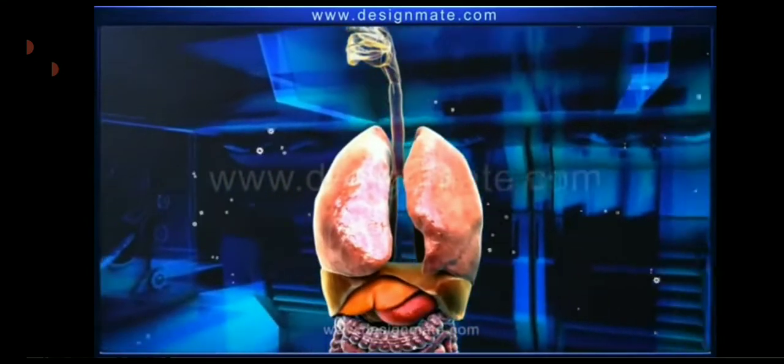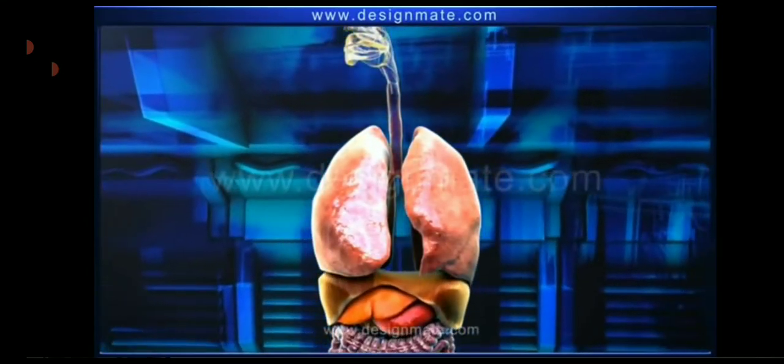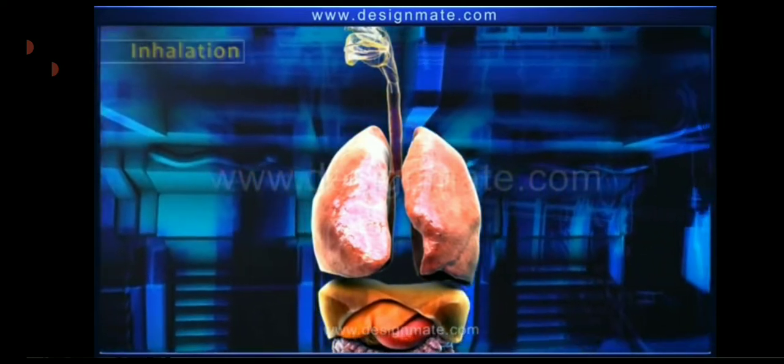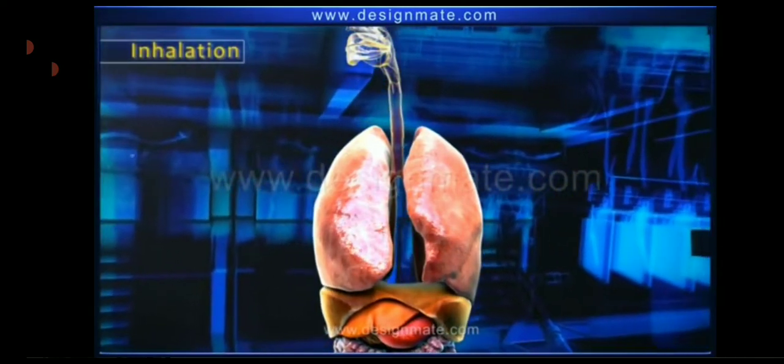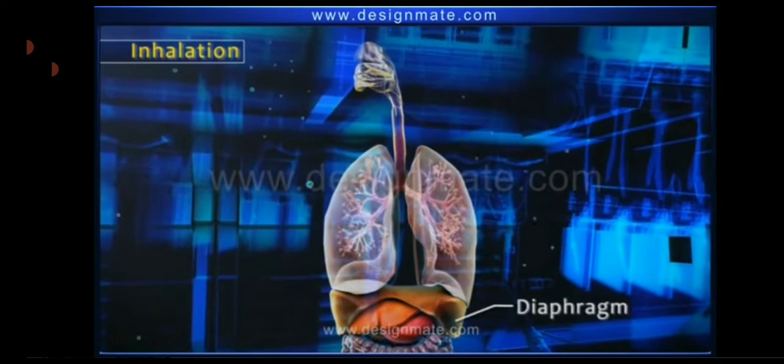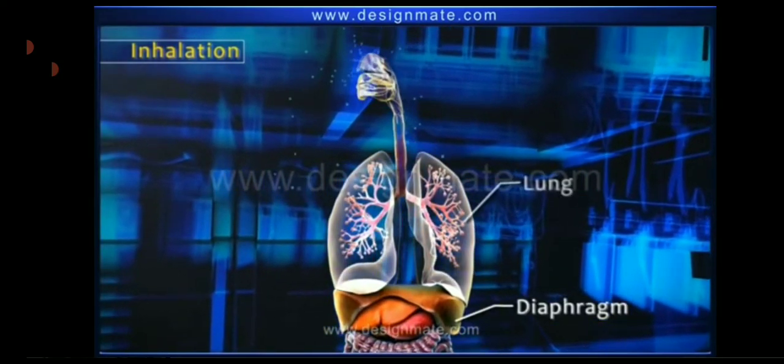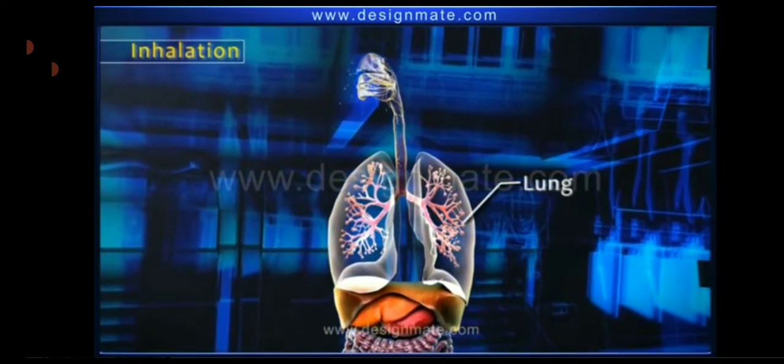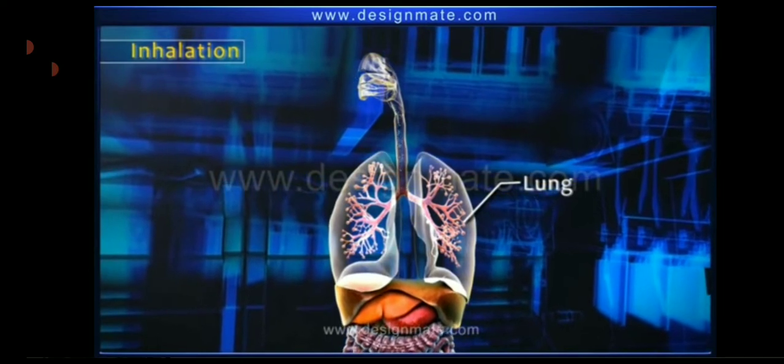So the process of breathing in air rich in oxygen is called inhalation. After the contraction of the muscular diaphragm, the lungs expand and the air rushes in, resulting in the inflation of the alveoli.